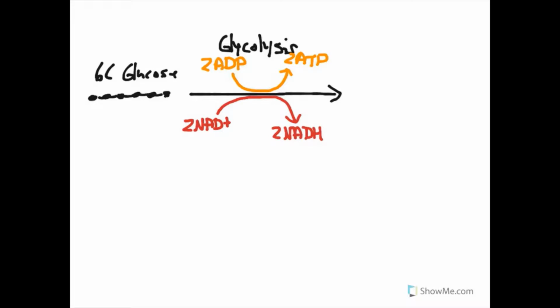We're going to do this in more detail later on in some other videos, but I just want to go ahead and do this one now. At the end of this process, what you're making is 2 3-carbon compounds called pyruvate.